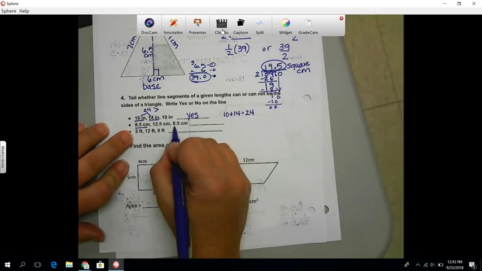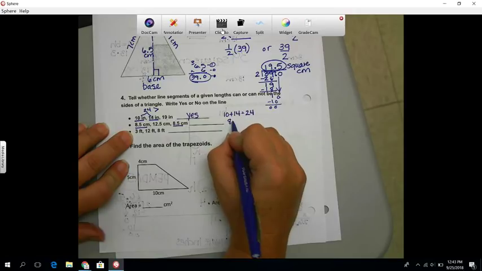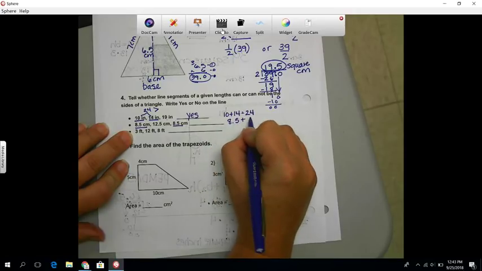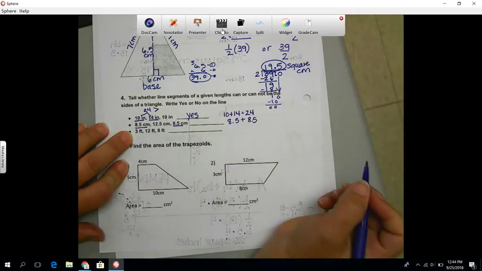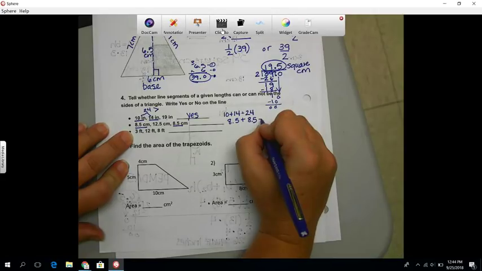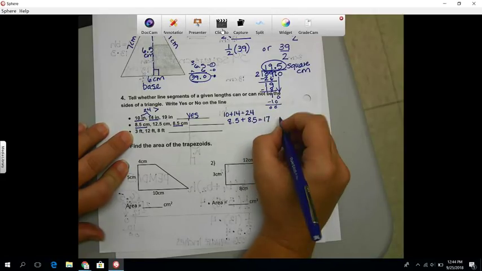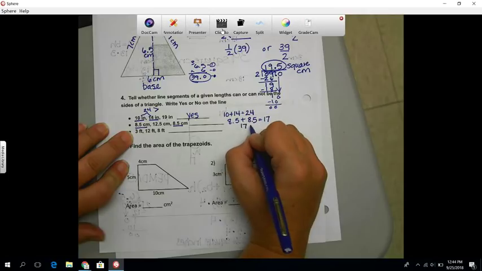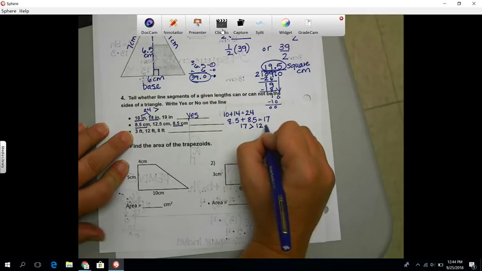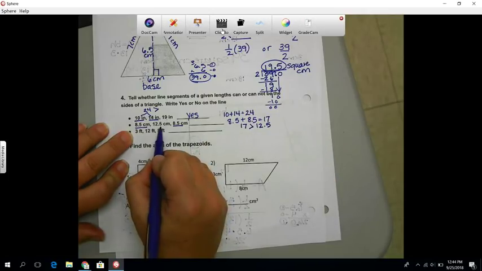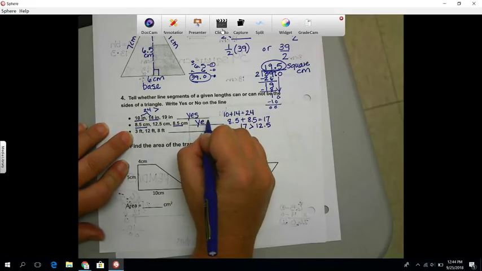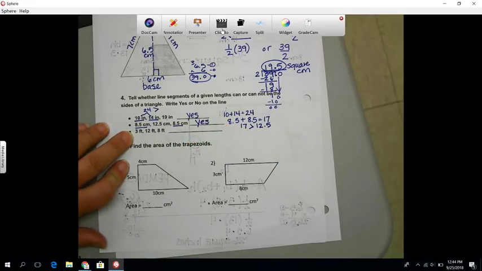8.5 and 8.5. So 8.5 plus 8.5 is going to give me 17. 17 is greater than 12.5, which is my longest side, so yes, we can make a triangle.